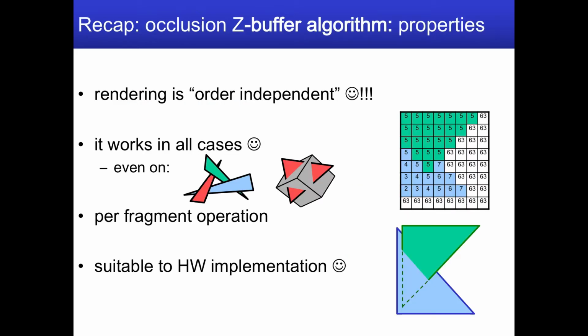We have also seen that, given a triangle, you have to illuminate a pixel, but what happens if you have multiple triangles from the same point of view, several triangles that project to the same pixels? That is possible because you can have an object in front of you and an object behind it, and when you project them on the screen, they hit the same fragments, the same pixels.